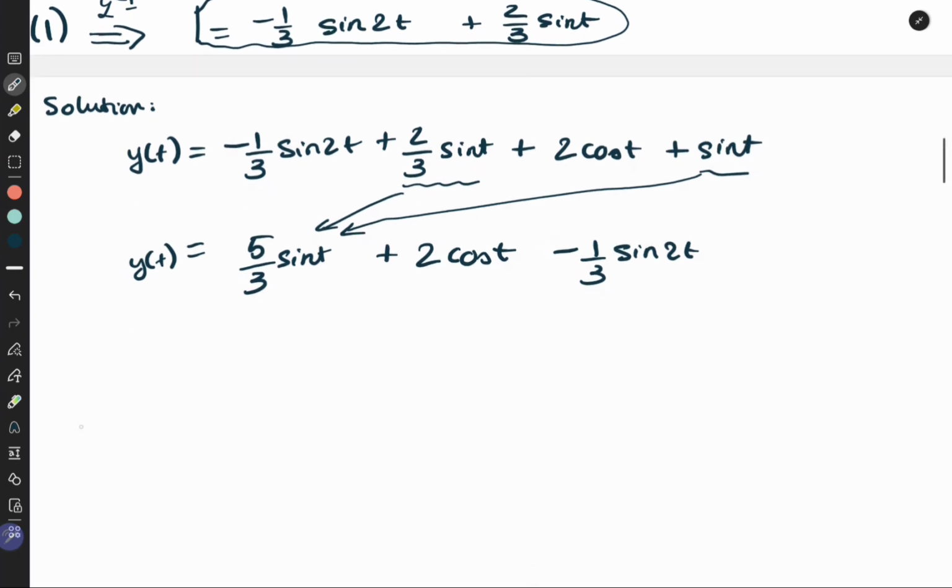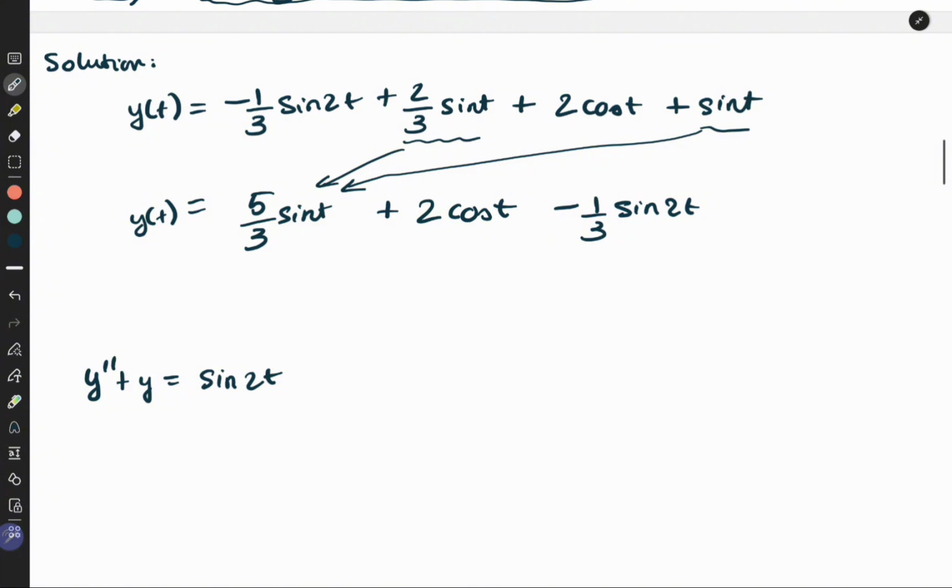If you solve this problem using the undetermined coefficient technique, we start with solving for the complementary solution, which is r squared plus 1 equals 0, r equals plus or minus i, and then the general solution, the complementary solution, is a sine t plus b cosine t.